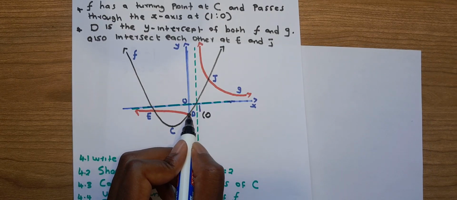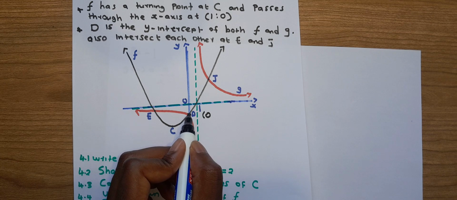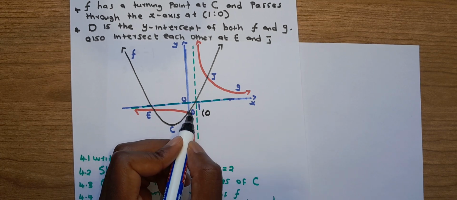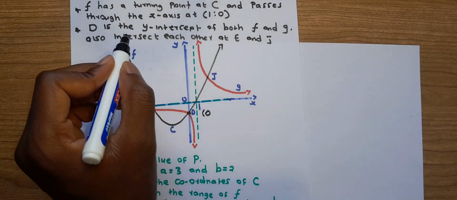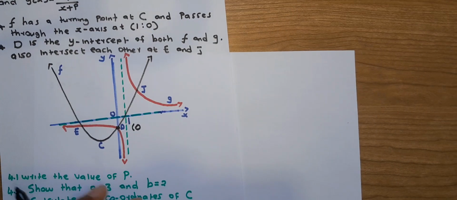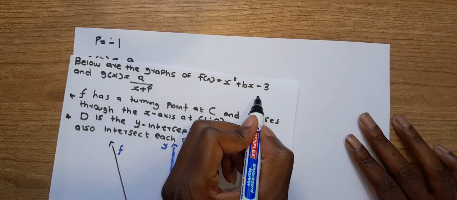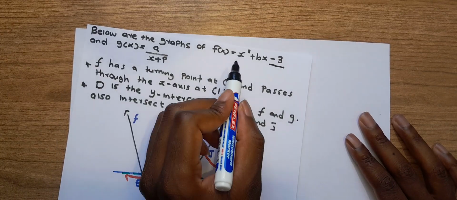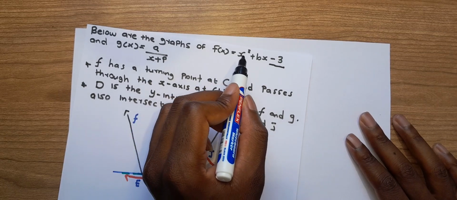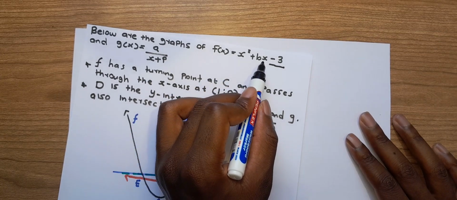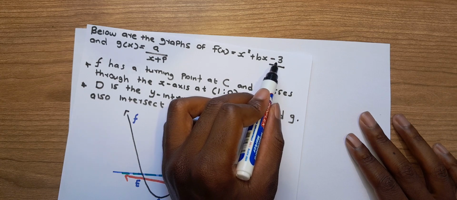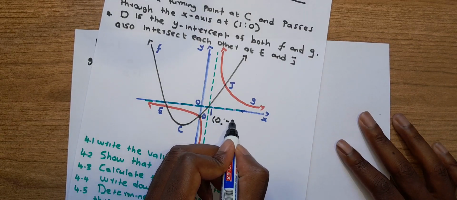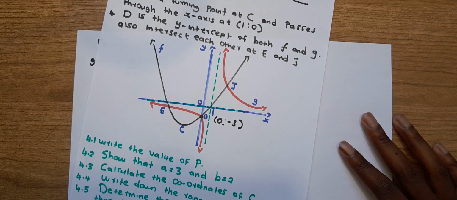The y coordinate of D is actually giving us the y value of the quadratic expression, and we all see that it is minus 3, right? So if we say f(x) where x is 0, if we put 0 here, we're left with the y-intercept of -3. So at point D, we're actually having -3. How does that help us?